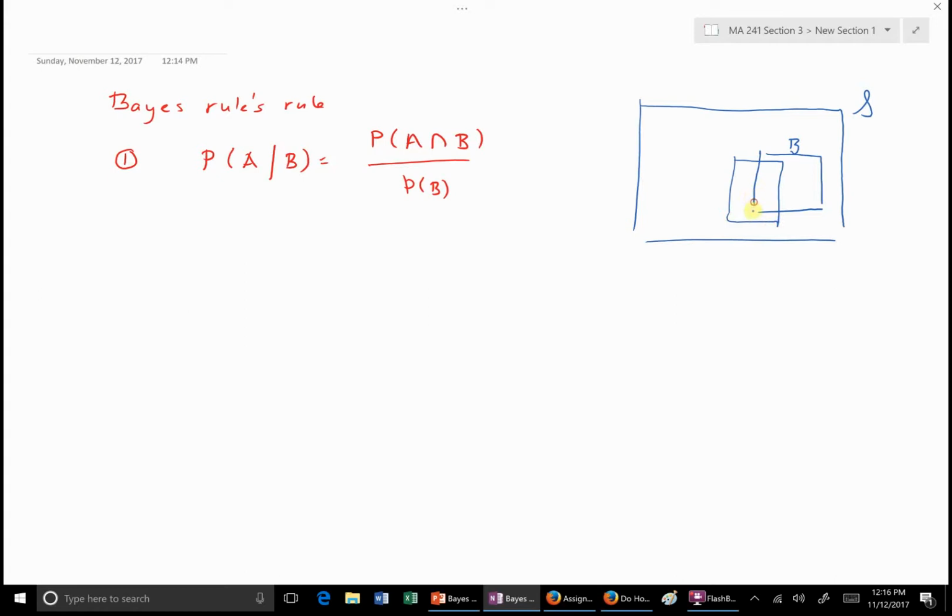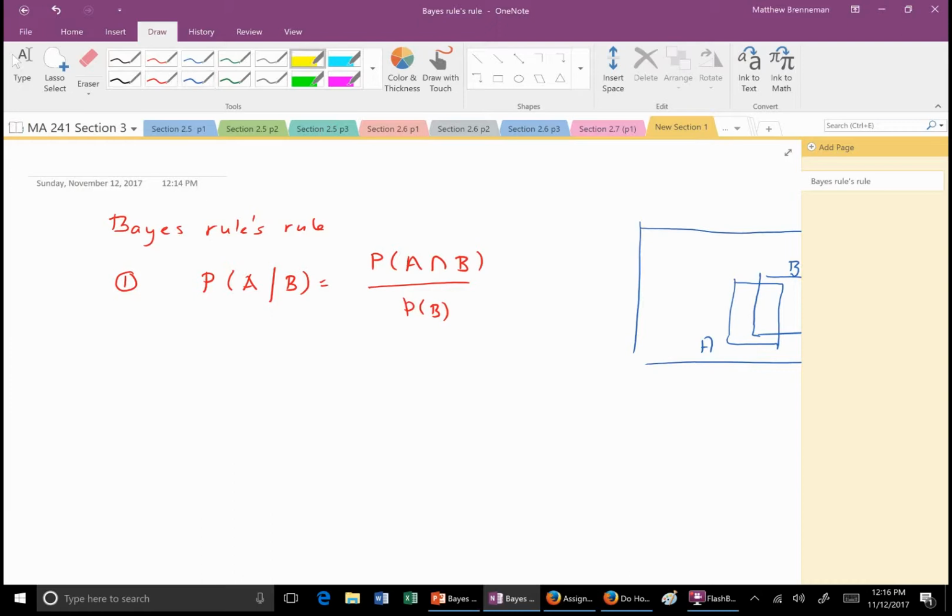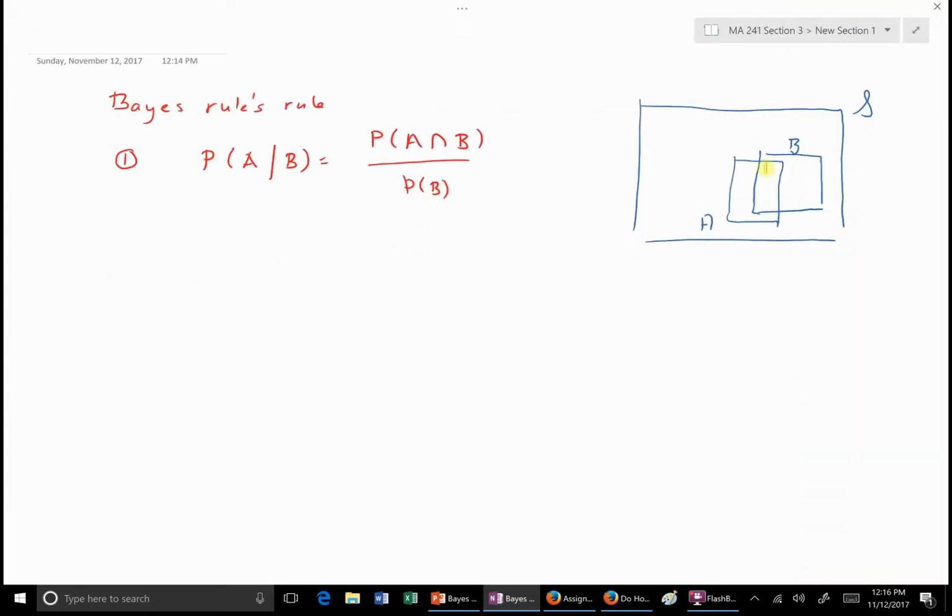And what we're saying with conditional probabilities is we're saying that we know B occurred. So we're saying that we know we're in this sample space, we're in this portion of the sample space right here, we're in B. So this is what the given B means. It means that we know we're in here. And the conditional probability here is just looking at the probability that A is in B. We're looking at the percentage of B that also has A occurring.